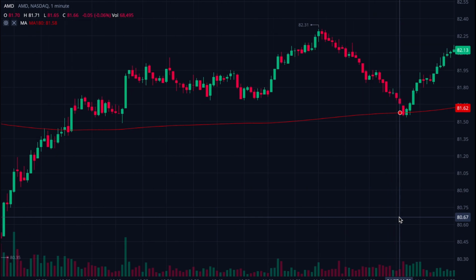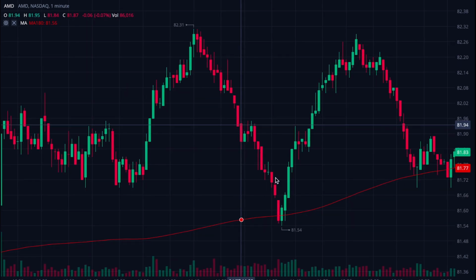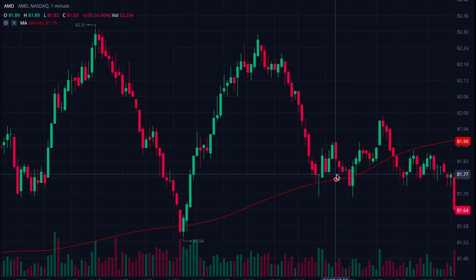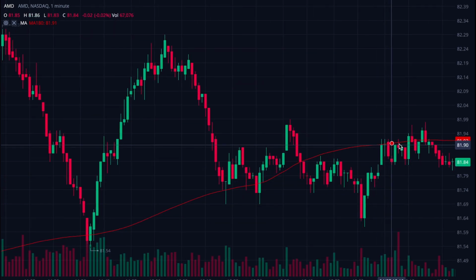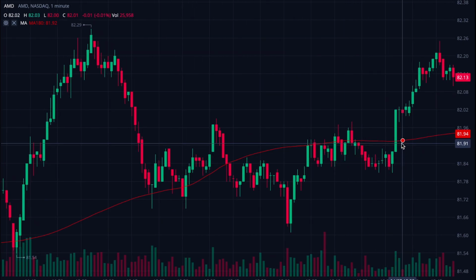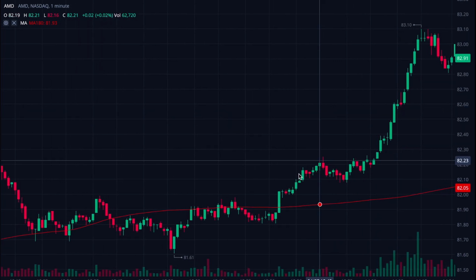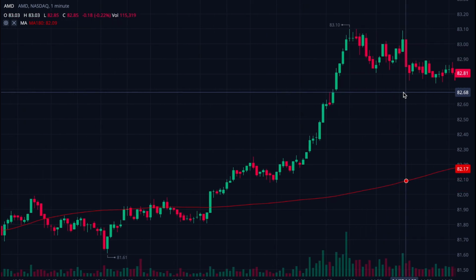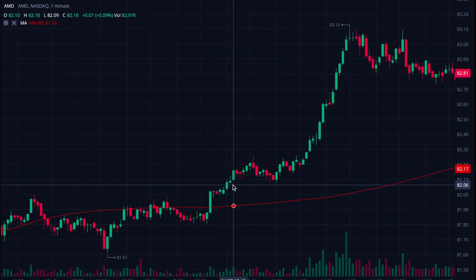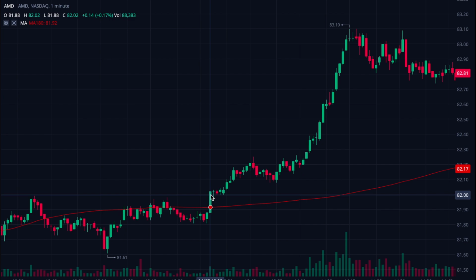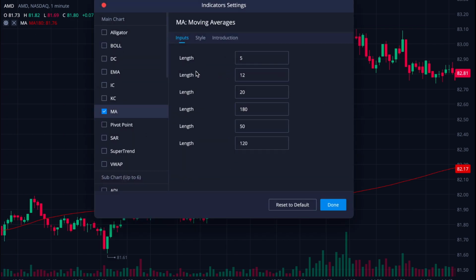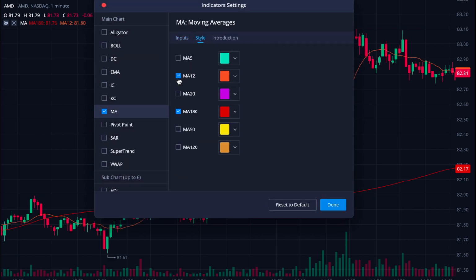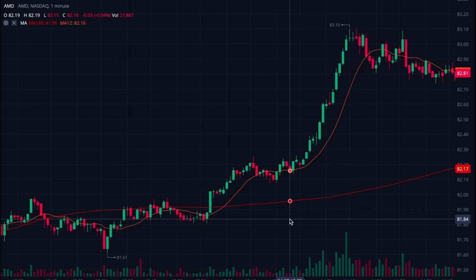As you see, the price will often bounce off of the moving average areas and try to hold them, and then once it dips below, it'll become resistance. And so when it breaks, that might be a good entry point in order to ride the price strength up. And that might be where you say, okay, if it breaks my 180, I'm going to take an entry point, and then I'm going to throw in my 12, and I'm going to use my 12 as my take profit or my stop loss.